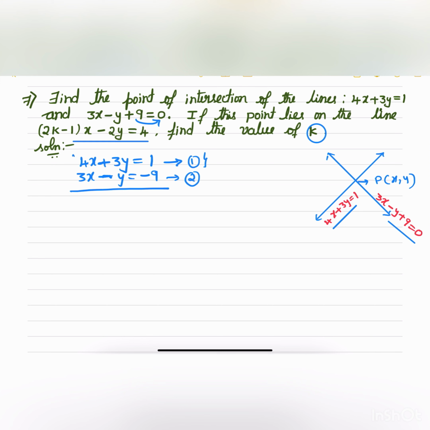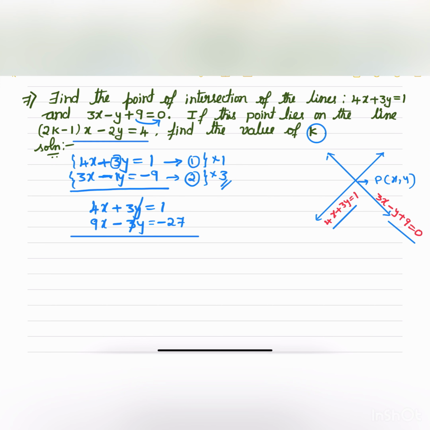Multiplying equation 1 by 1 and equation 2 by 3, we'll get 4x plus 3y is equal to 1 and, multiplying with 3 for equation 2, 9x minus 3y is equal to minus 27. And now we can add them so that plus and minus 3y will be cancelled.